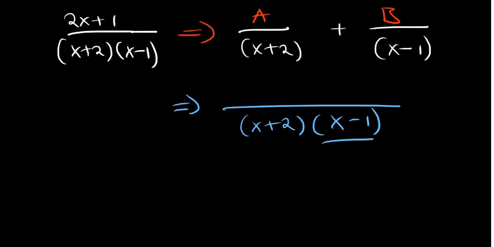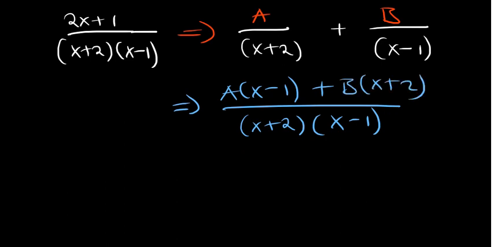So divide this into what we have. The result will be x minus 1, so we end up with a multiplying by x minus 1, and for the other part, if you divide that, what remains is b multiplying by x plus 2. Don't forget we have 2x plus 1 over (x plus 2)(x minus 1).